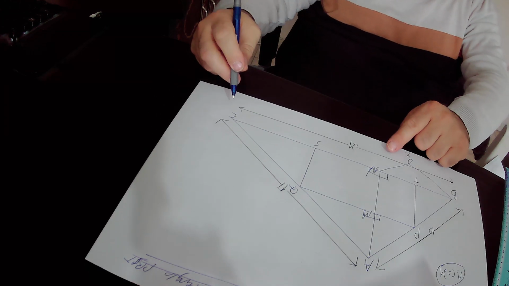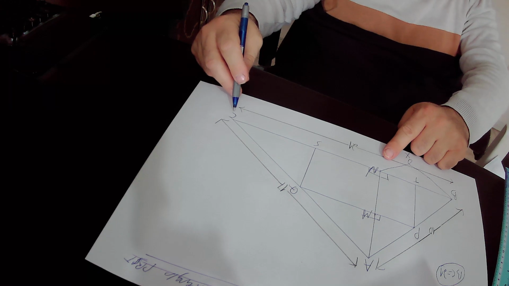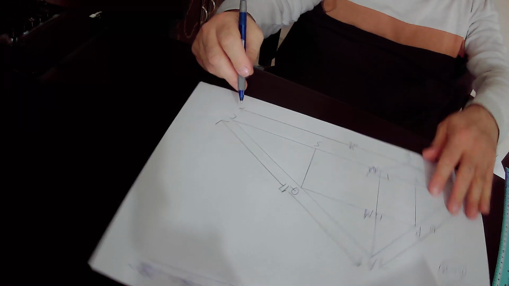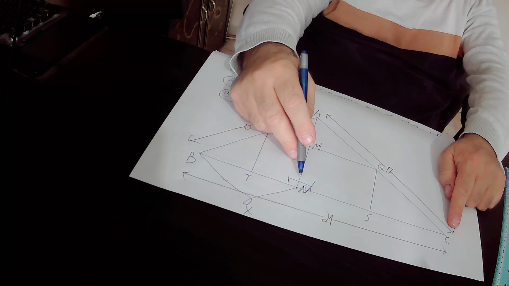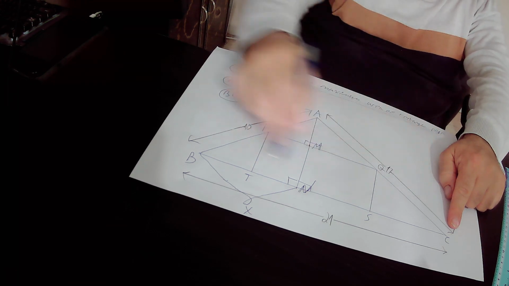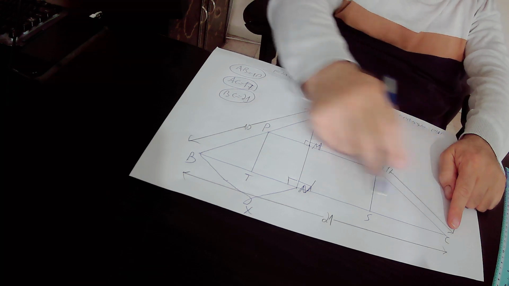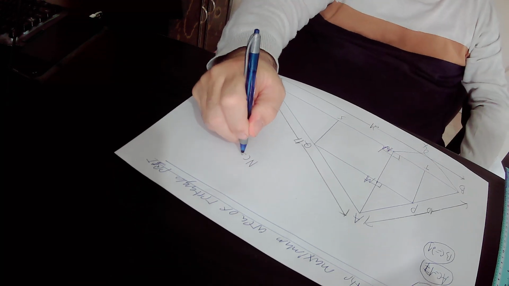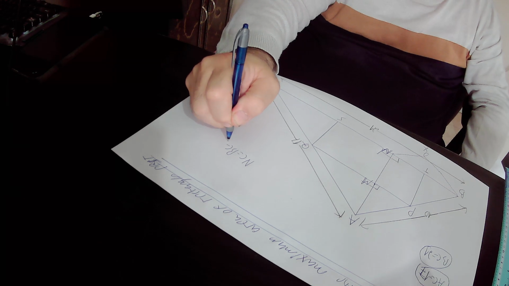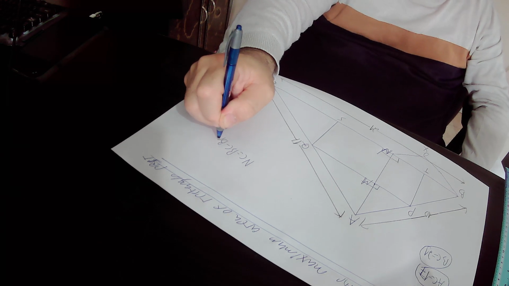So what is the length of this line segment NC? From the drawing it is very easy to see that line segment NC equals BC minus BN.